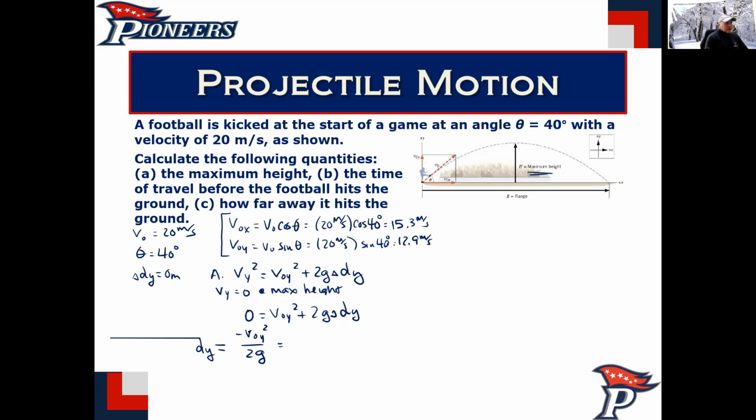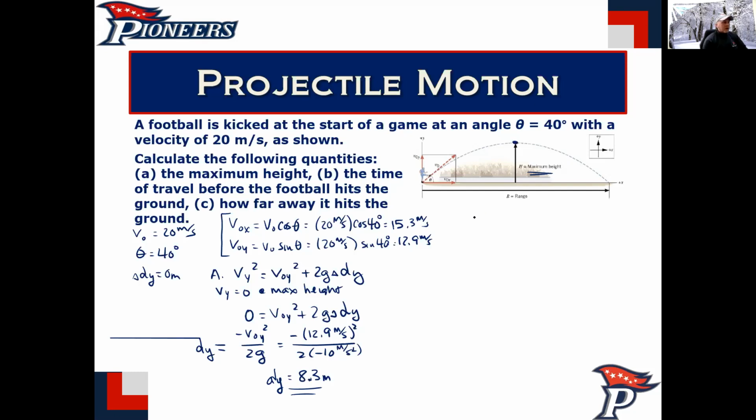And here's where, if you get this far, a lot of times people forget and put in 20 here, but we need the 12.9, right? That's the velocity that's taking it up. And we need the negative 10 because there's a negative there and we need those to cancel. All right, I get 8.26, so I'll call it 8.3 meters. So that's how high it goes right here.